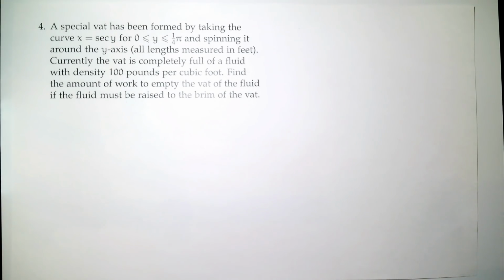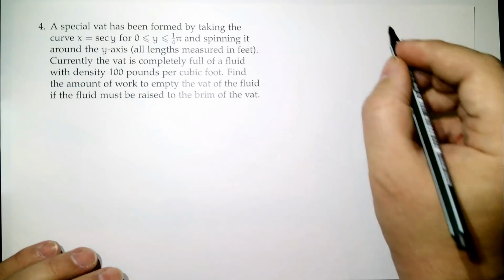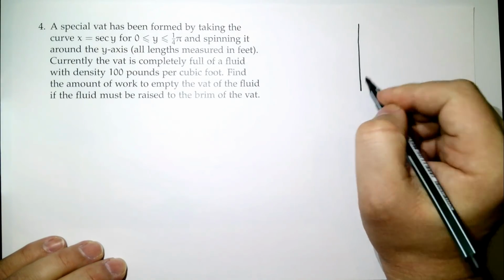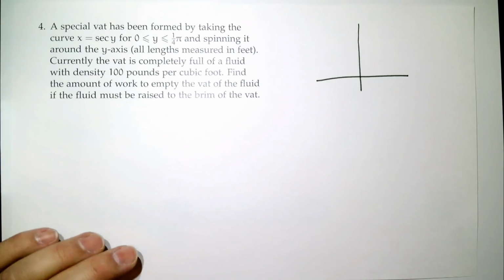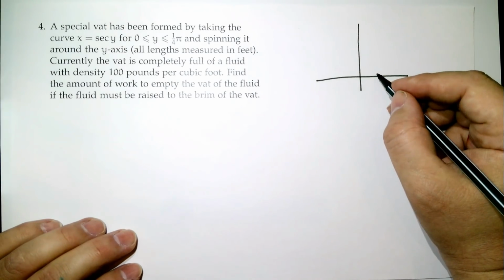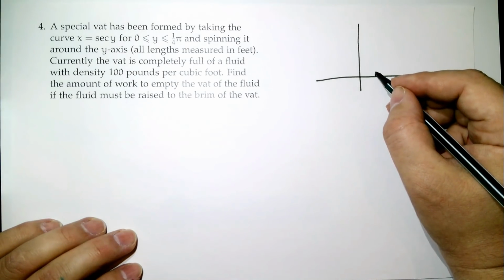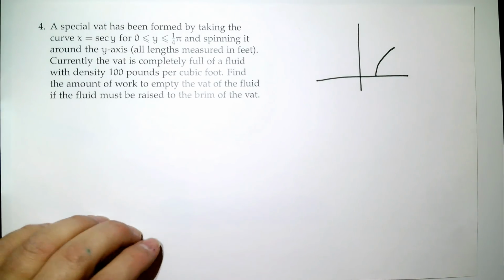So, let's draw a picture. I should have drawn a picture that goes with this one. So I have here the xy plane, and I'm going to graph x equals secant y. I came very close to saying y equals arcsecant of x, but then I remembered that I said there was no arcsecant.